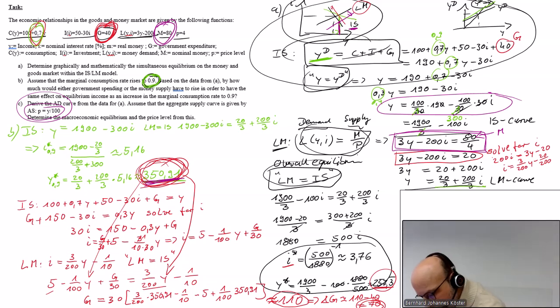We are moving, starting from the starting equilibrium point, downwards along the IS curve, so we have to obtain a lower interest rate. It should be a little bit lower than our starting interest rate. The starting interest rate was 3.76. Now we have 2.82, so it is a quite reasonable outcome.